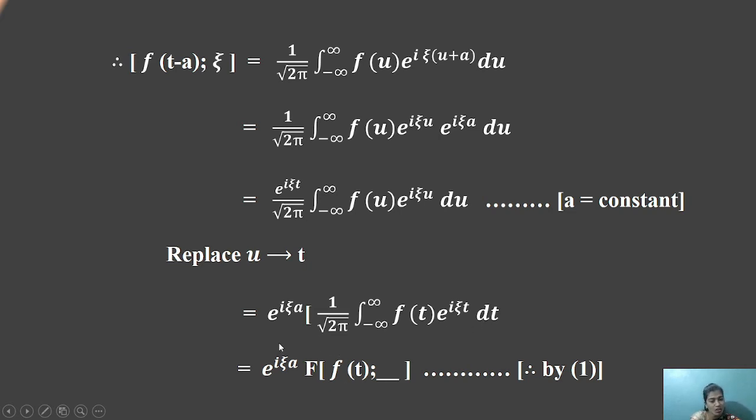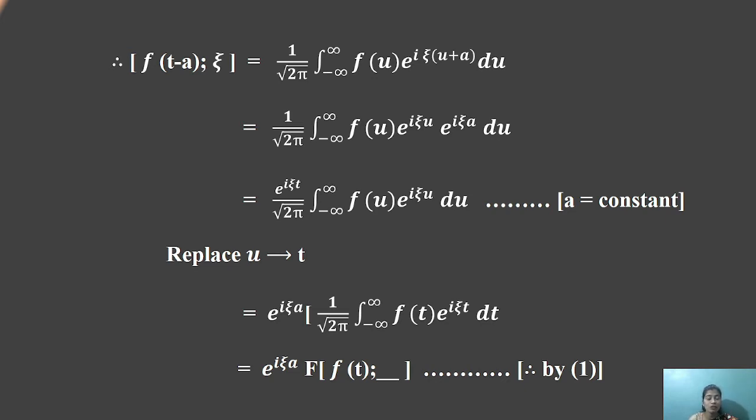The constant factor stays outside, and the bracket contains the function f(t), which is the Fourier transform by equation one.